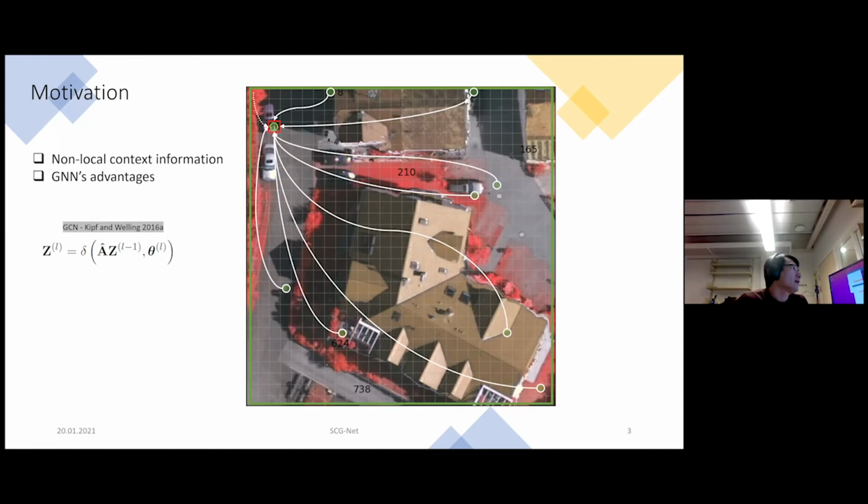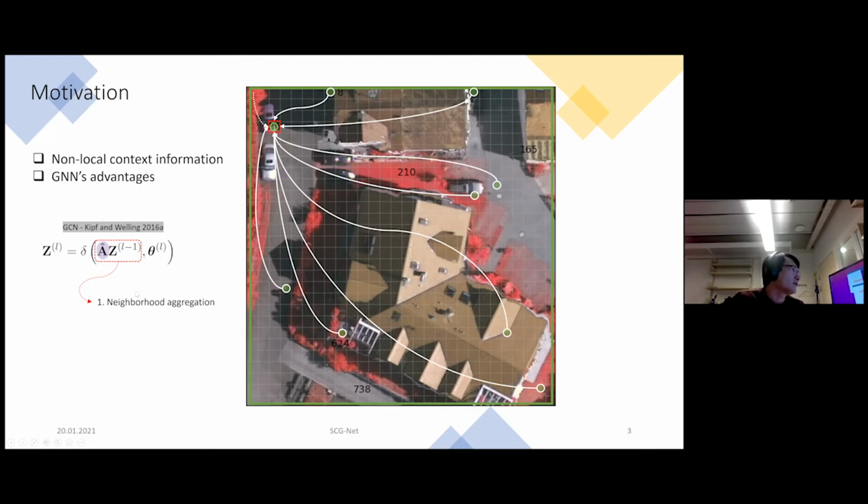Graph neural networks naturally can get global information. Here is a very famous variation of graph neural networks, the GCN, graph convolutional network, which was introduced by Kipf and Welling in 2016.